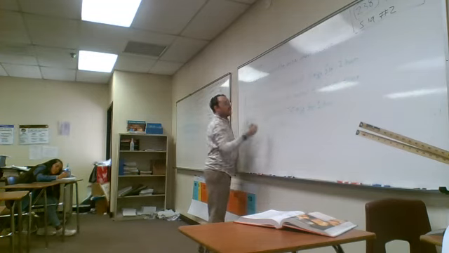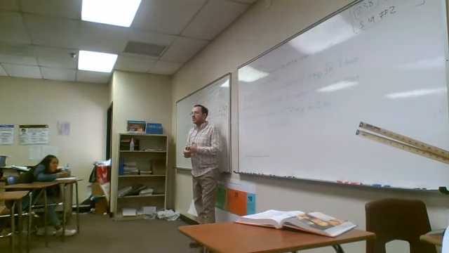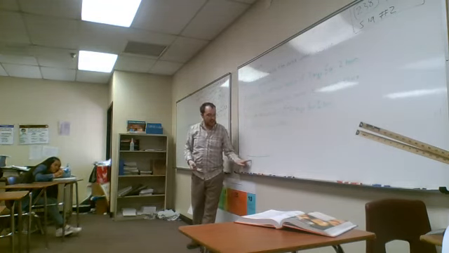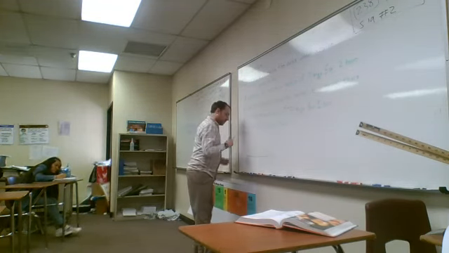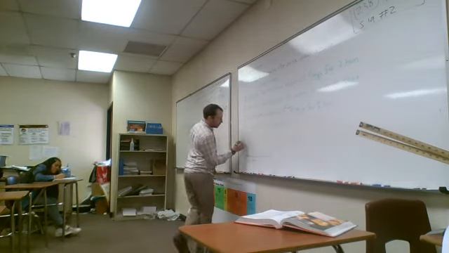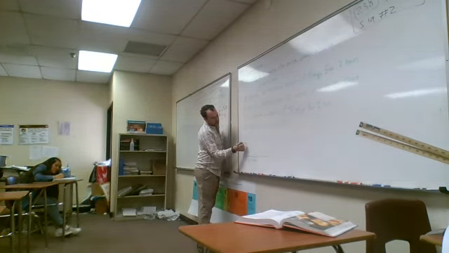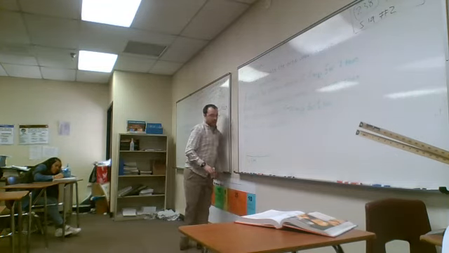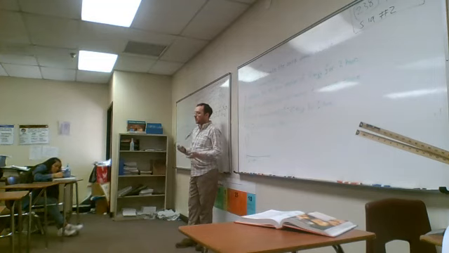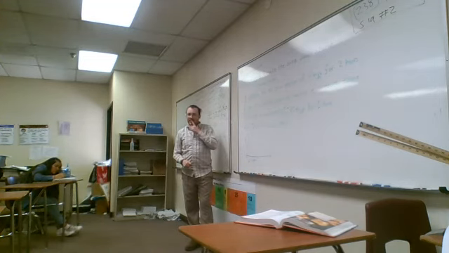Okay, so let's do the same graph, speed on the vertical axis, time on the horizontal. Or velocity, rather. So what's this going to look like?